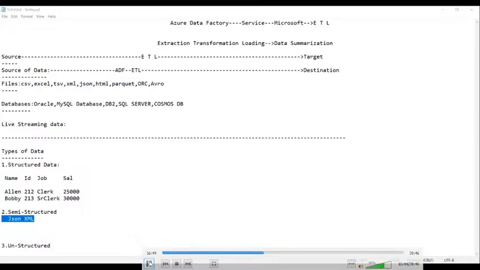Okay, guys, now let us see how the data appears in a JSON file. I'm writing the JSON file here. The data is recorded in the form of key value pairs, and it will be recorded in curly braces.